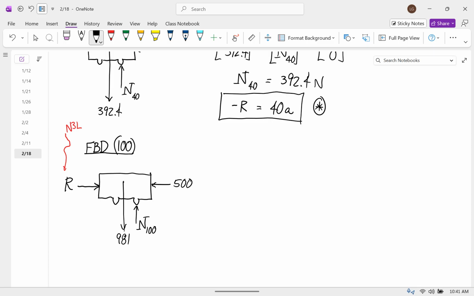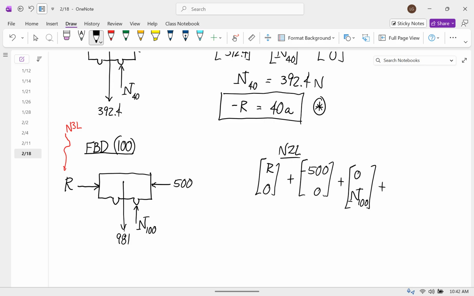Okay, Newton's second law for this one says R, 0 plus negative 500, 0 plus 0 and N100 plus 0, negative 981 is equal to the mass times the acceleration.